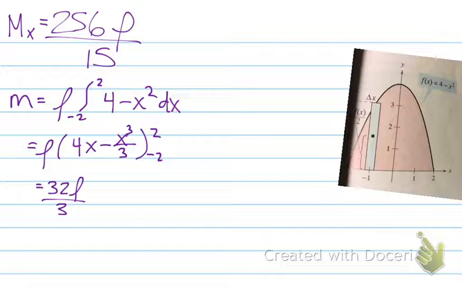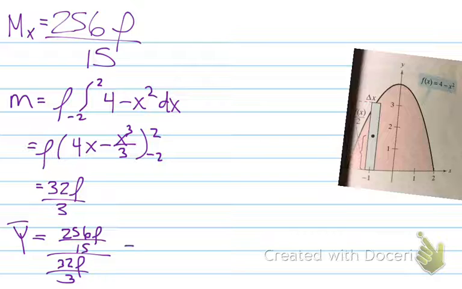So, to find y bar, again, we already know that x bar is 0 because of the symmetry. To find y bar, we divide m sub x, which is 256 rho over 15, divided by m, which is 32 rho over 3. And if you divide those, you should get 8/5.